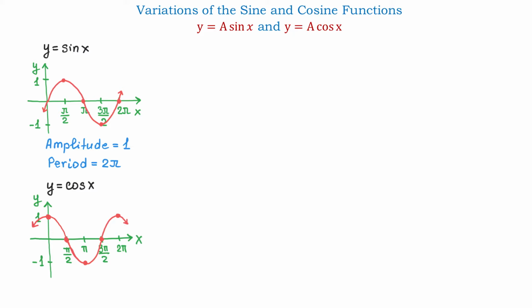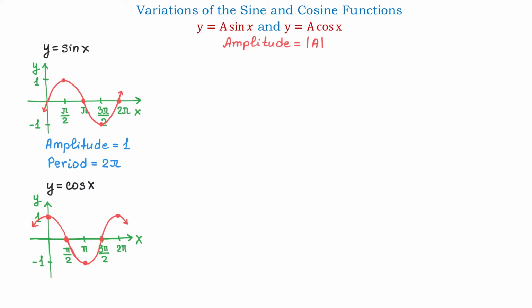However, because of this number a that we have in front of sine and cosine, these functions will stretch or shrink vertically. The amplitude of these functions will depend on this number a, and we will find it by taking the absolute value of this number. So if this number a can be positive or negative, the amplitude will always be positive.